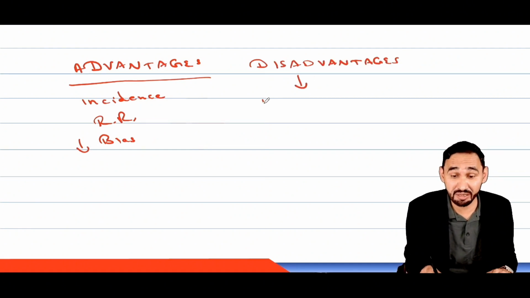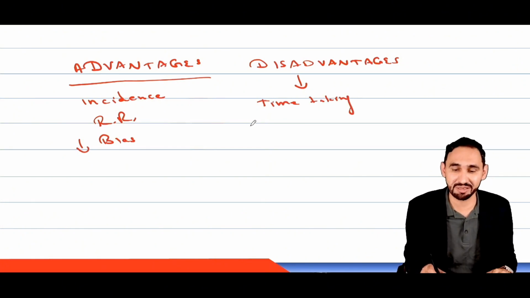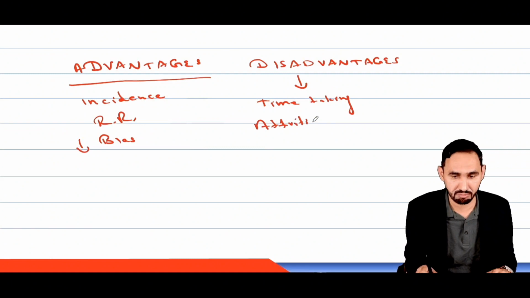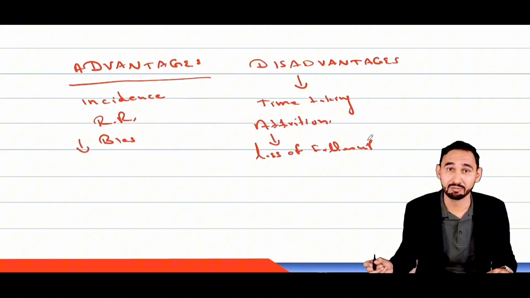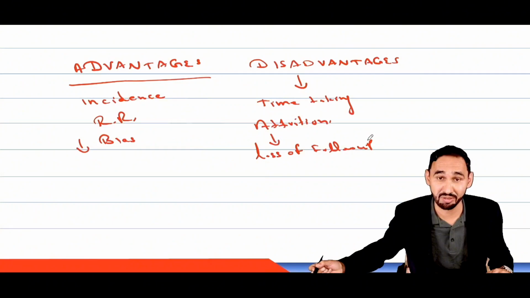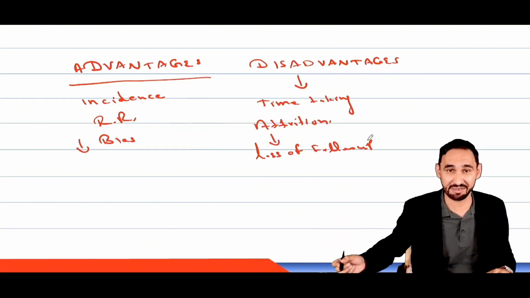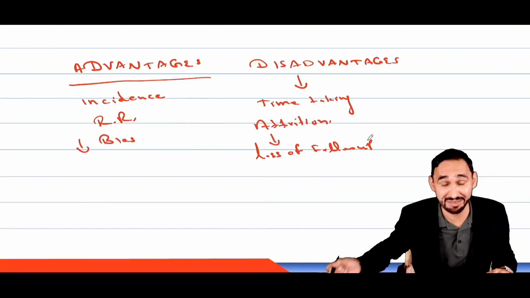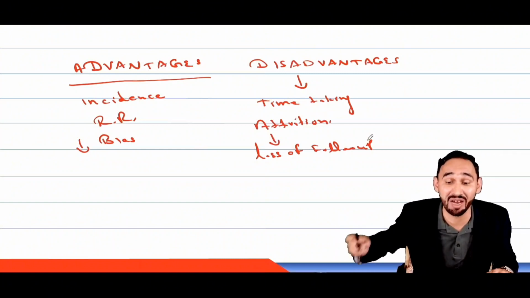It is time taking. Major disadvantage in cohort study is attrition, loss of follow up. People may die, people may migrate. So sample size will decrease gradually in cohort study. That's why we take a larger sample in cohort study.